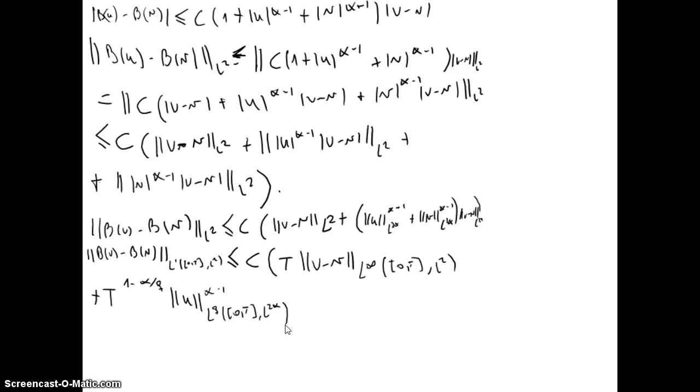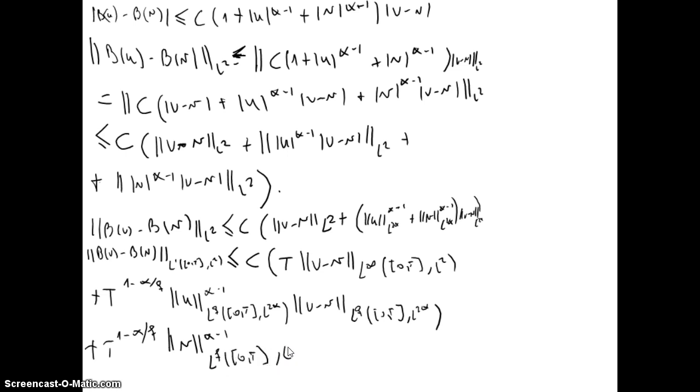Okay, this is going to be multiplied by u minus v in L^q(0,t; L^(2alpha)), and now the remaining term that has to be equal but for v. So v^(alpha-1) in L^q(0,t; L^(2alpha)), and now we have here u minus v in L^q(0,t; L^(2alpha)).